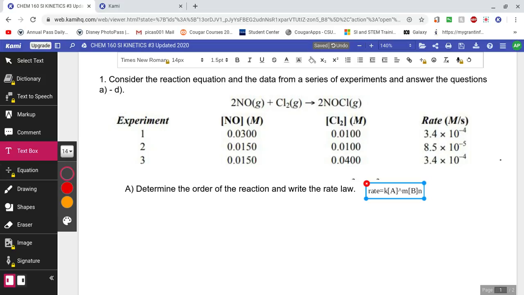Whoops, didn't mean to put a 6 in there, excuse me. Okay, so the basic rate law: rate is equal to our rate constant k times the concentration of a reactant to the power of m times another reactant to the power of n.